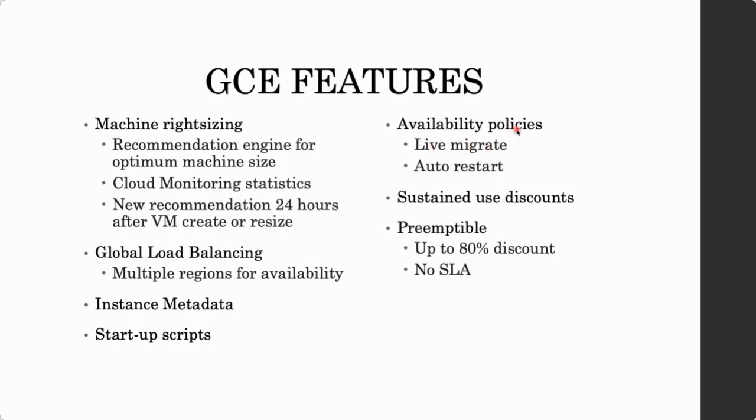Right. Then we have availability policies. So now think about this. Let's say there is an update and Google Cloud is trying to, because underneath the hood, they have physical machines within their data centers.